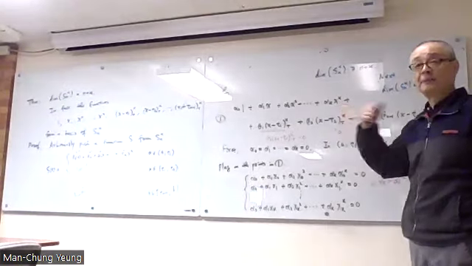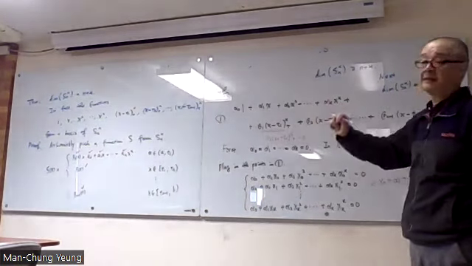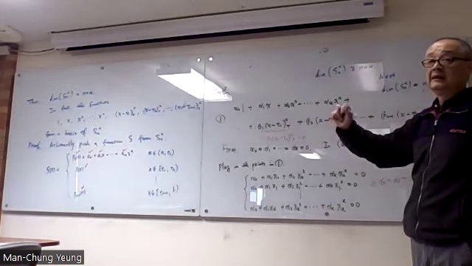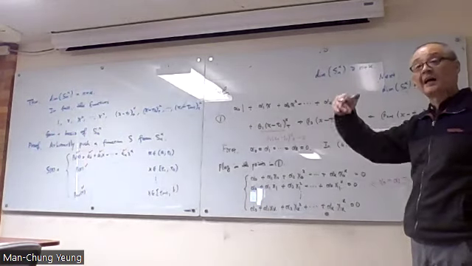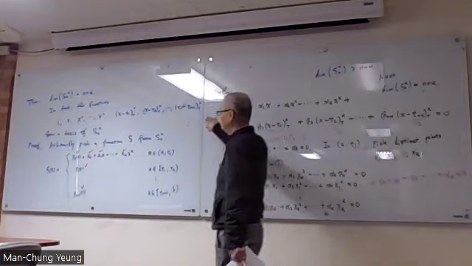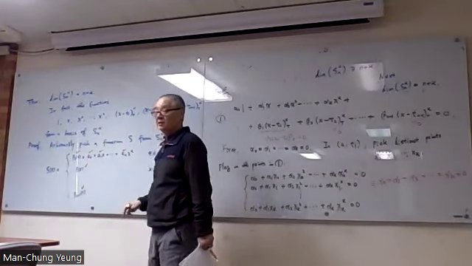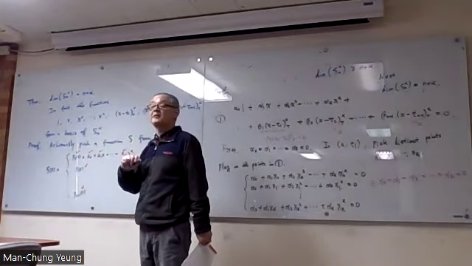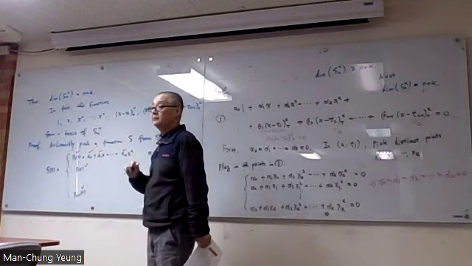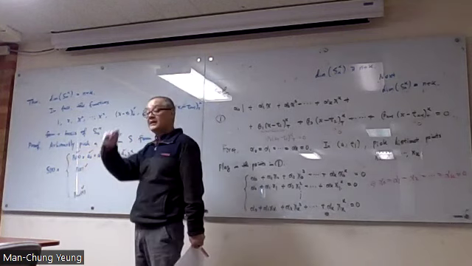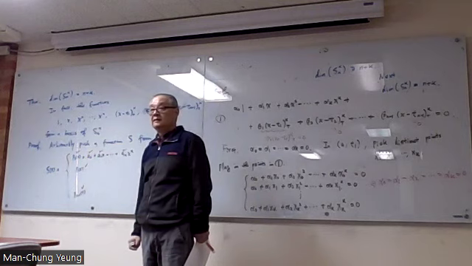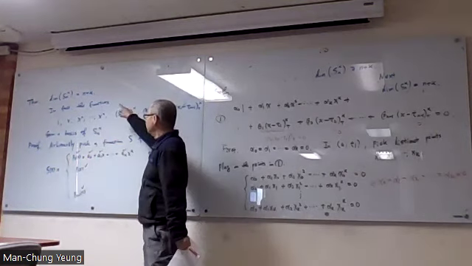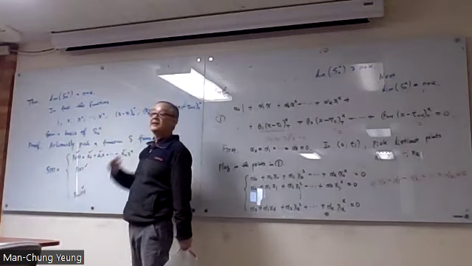I want to express this S as a linear combination of these functions. If successful, then these functions form a basis, and the dimension of this space is n plus k.